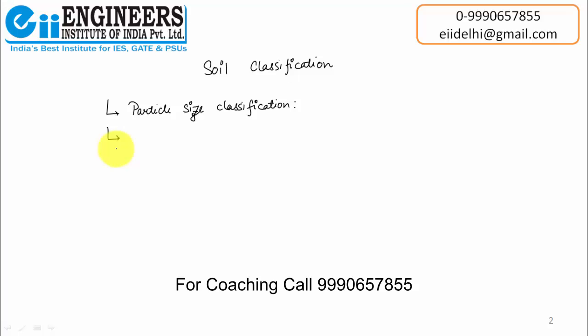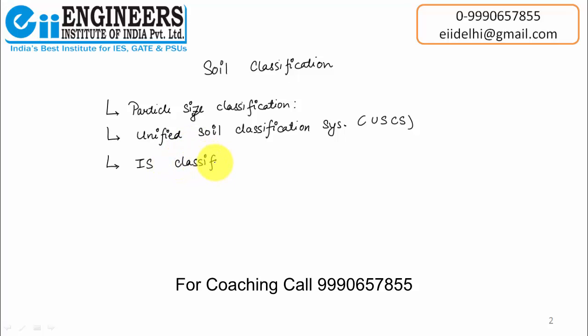The second is the Unified Soil Classification System, which we generally write as USCS classification. And the third is the IS classification system, that is, the Indian Standard Soil Classification System, which we write as ISCS classification.